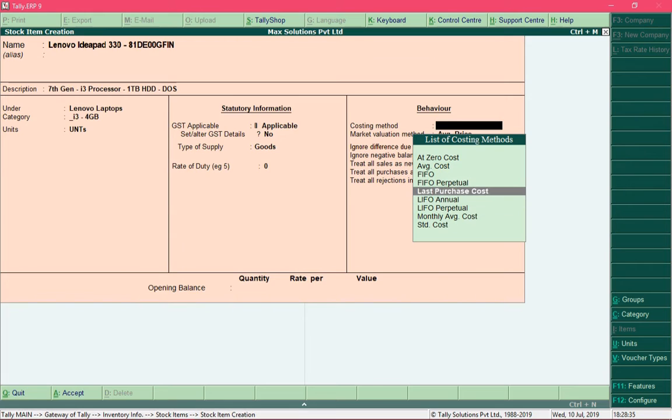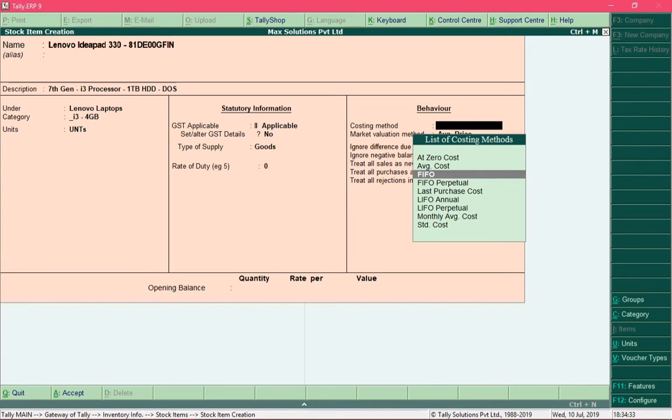For example, if I select the method as FIFO, which stands for first in first out, and its definition is that the product which are purchased first are to be sold first. So assume that I purchased 2 laptops, and the first laptop costed me 100 rupees and the second laptop costed me 110 rupees, and then I sold one of the laptops and I sold it for 120 rupees.